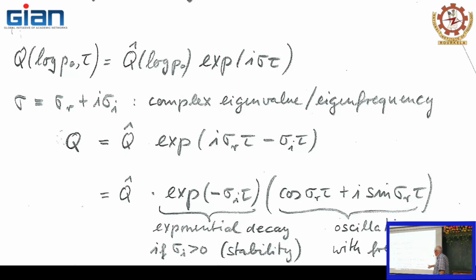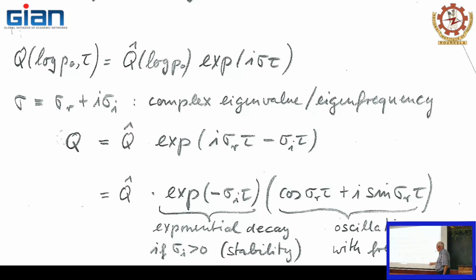And the second term can be written in terms of cosine sigma_r t and sine sigma_r t. This corresponds to an oscillation with frequency sigma_r. So once we know this eigenfrequency or eigenvalue, then we have the oscillation frequency of our pulsation.